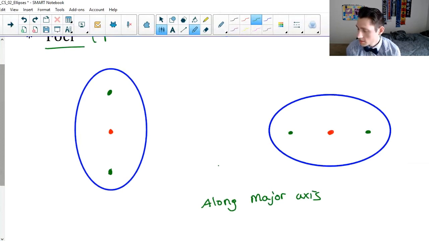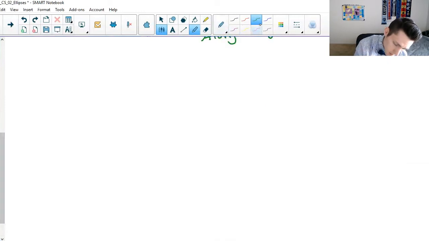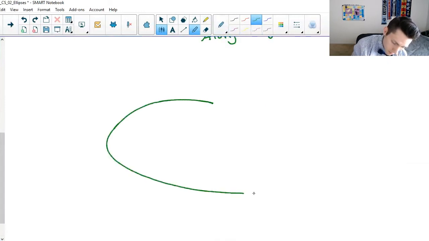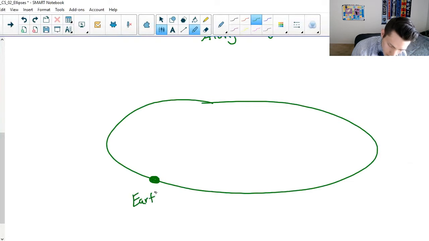A pretty big application of ellipses and foci is, well, just in general, if I have a perfectly drawn ellipse like this, this is actually the shape that the planets traverse as they go around the sun. Planetary motion is an ellipse. It doesn't travel in a perfect circle.